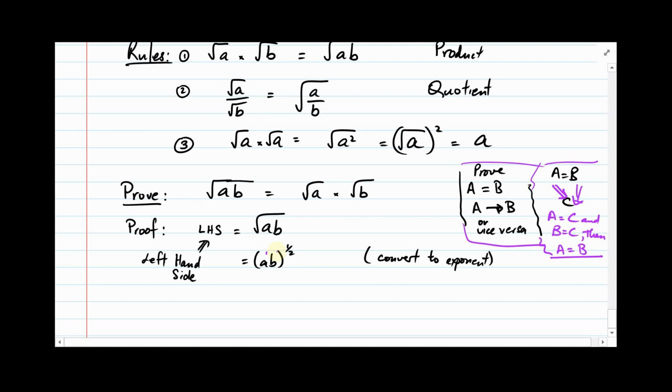But again, using my power rule, this is the same as a to the 1/2 times b to the 1/2. So by the power rule of exponents, here is nothing more than root a times root b.